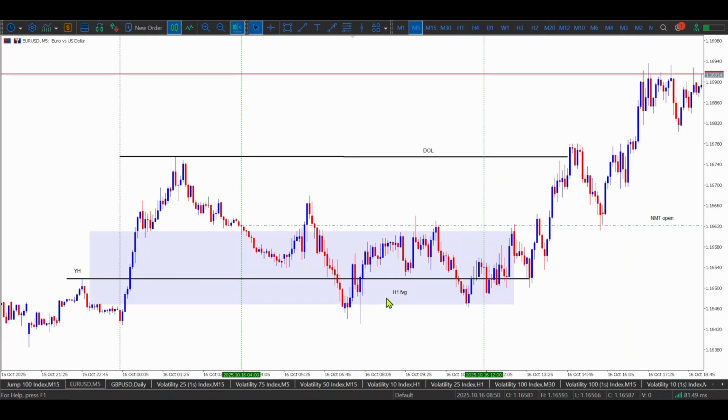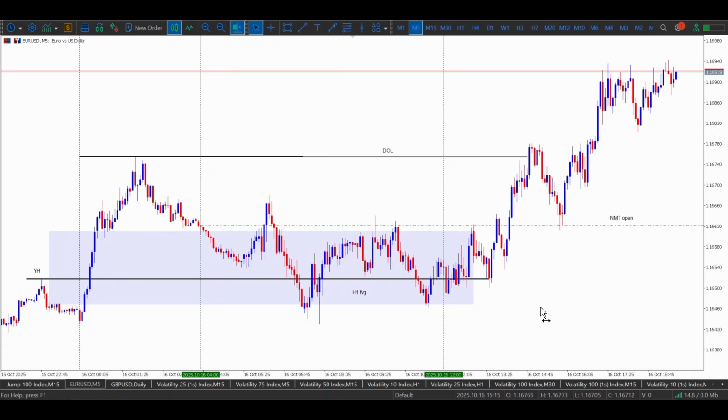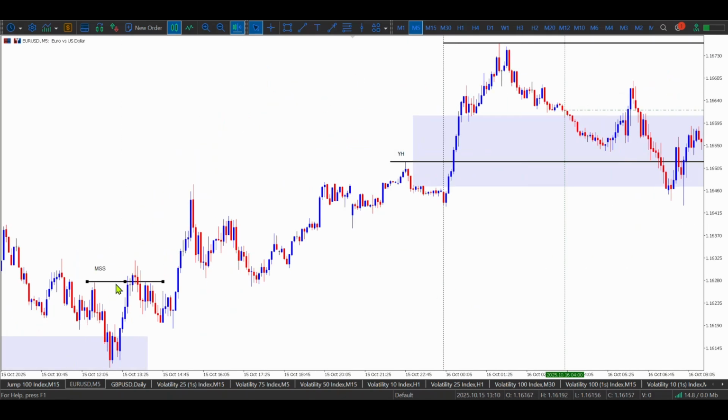Yesterday's high, H1 fair value gap. Okay, stay inside up until, up until what? Up until New York kill zone. So what do we have here? Let's look for our market structure shift.